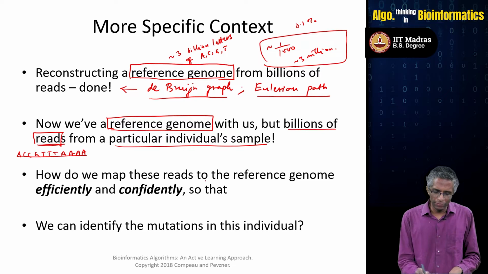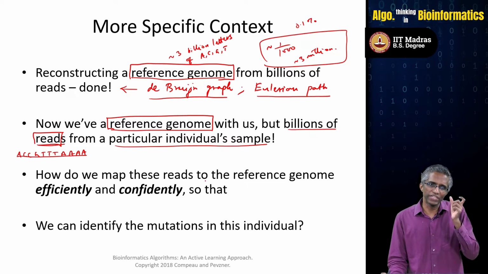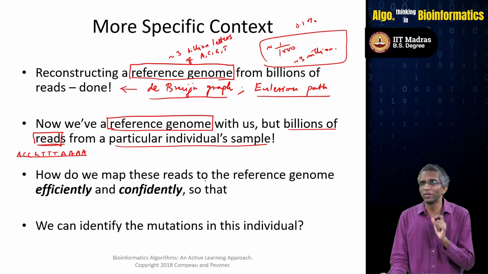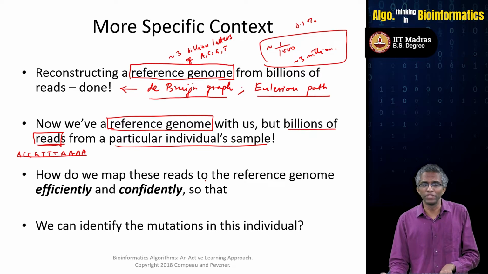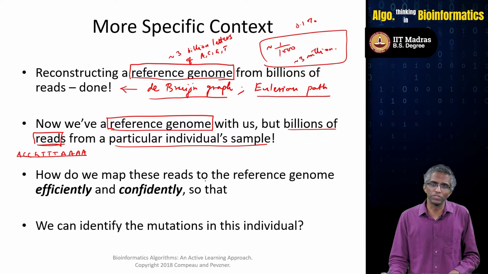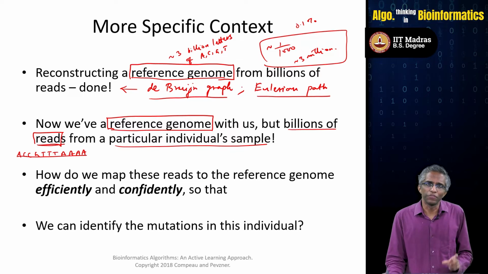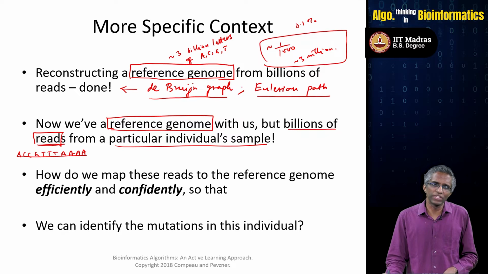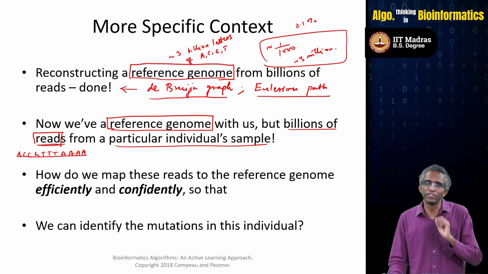Now, how do we map these reads to the reference genome? Meaning, figuring out which location in the reference genome these reads have come from, right? And we would like to map these efficiently and confidently. Efficiently in terms of running time and the space utilized by the computer doing this mapping process, and confidently in the sense that if we map a read to a particular location in the genome, we are confident that the read came from that location and not any other location.